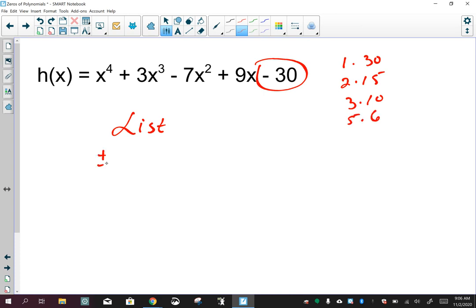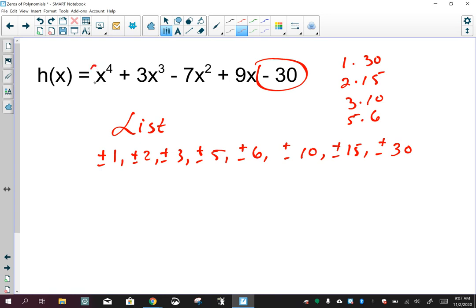So I've got plus minus 1, plus minus 2, plus minus 3, plus minus 5, plus minus 6, plus minus 10, plus minus 15, and I'm going to end with plus minus 30. All right, so that is when you have a coefficient of 1.